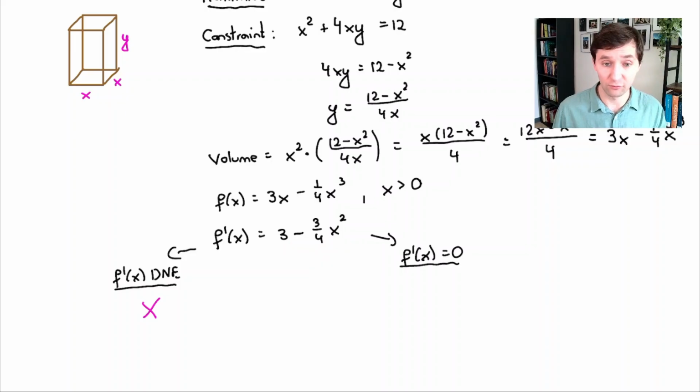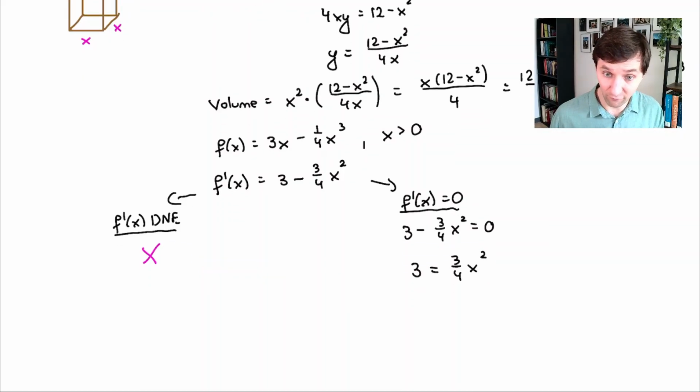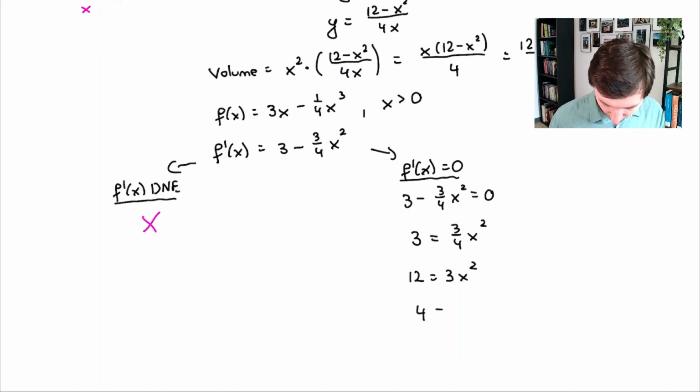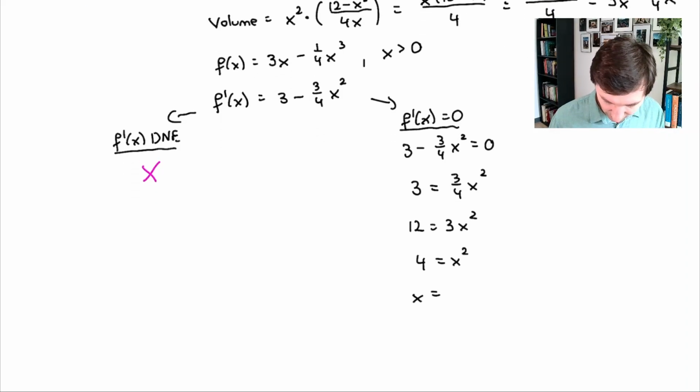To determine when the derivative equals 0, I set the derivative equal to 0, and I get 3 minus 3 over 4 x squared equals 0. I move the term with the fraction to the right side, and I get that 3 equals 3/4 x squared. Multiply both sides by 4, and you get 12 equals 3x squared. Divide both sides by 3, and you get that 4 equals x squared. Take a square root on both sides, and you get that x equals plus or minus 2.